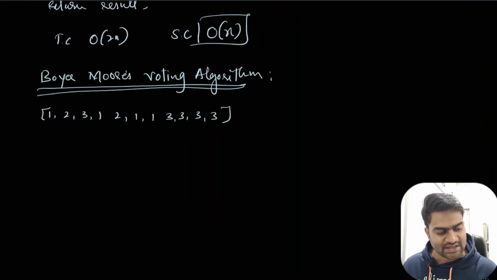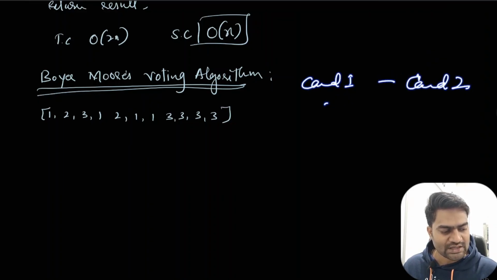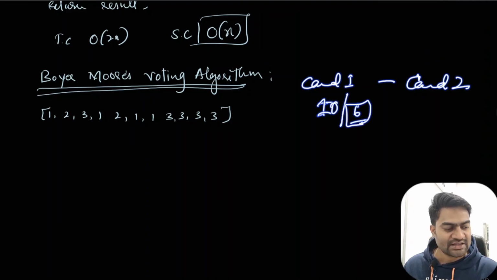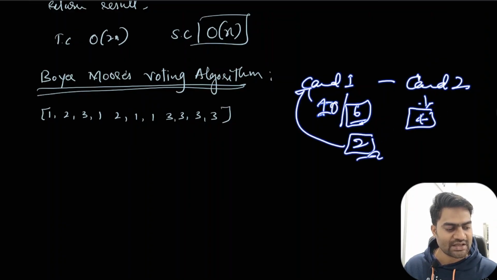Say for example, there is candidate 1 and candidate 2. If candidate 1 gets 6 votes out of 10, then the other gets 4 votes, correct? What is the relative difference? Candidate 1 will be leading with 2 votes.